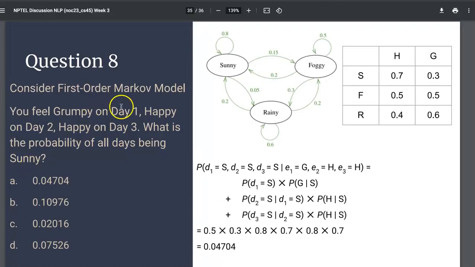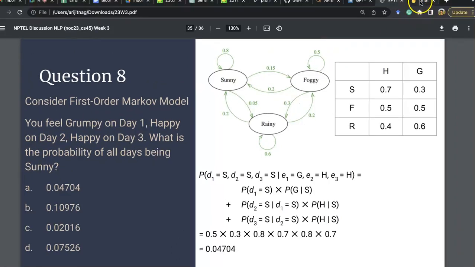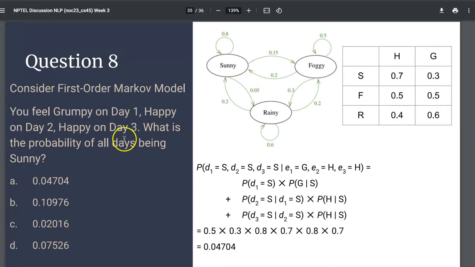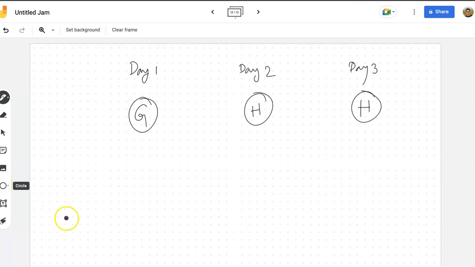Day 1 I am grumpy, day 2 I am happy, and day 3 I am also happy. This thing is given. Now they are asking, what is the probability that all these days are sunny?